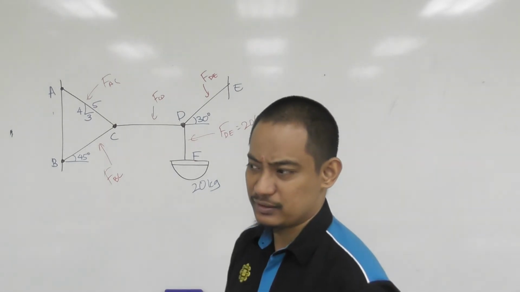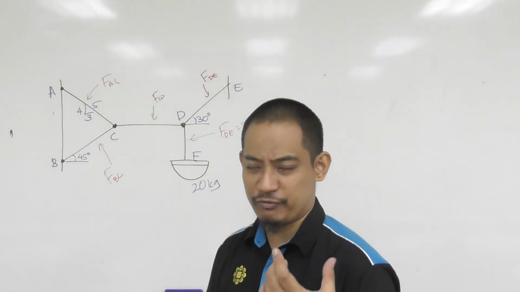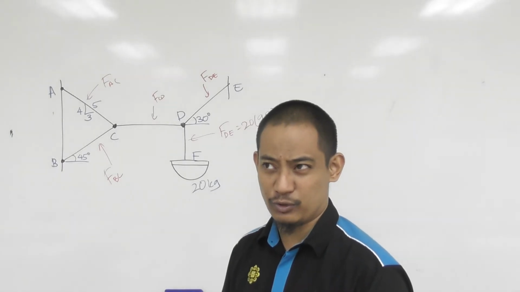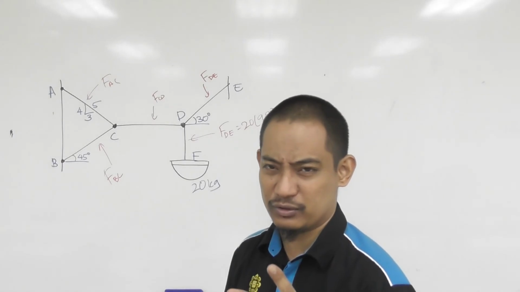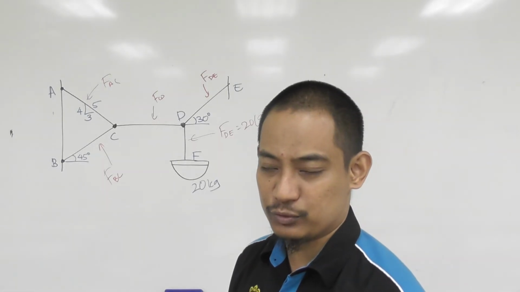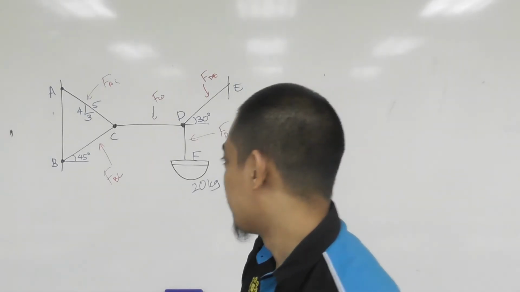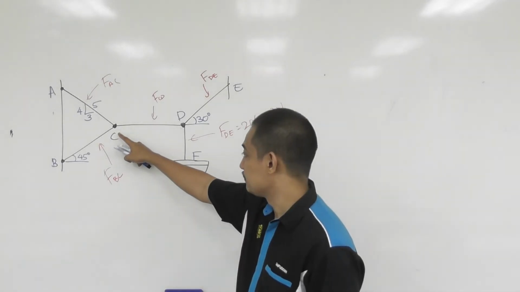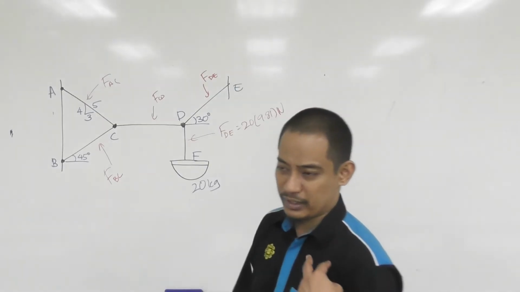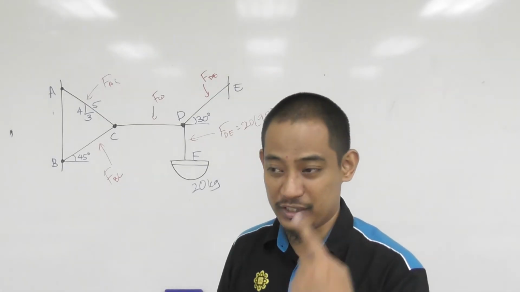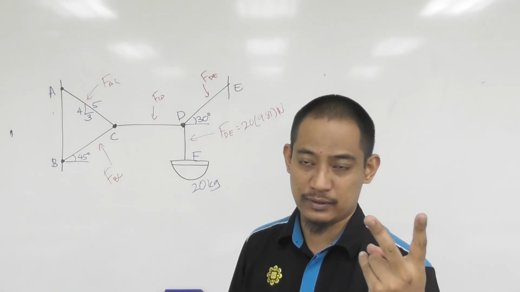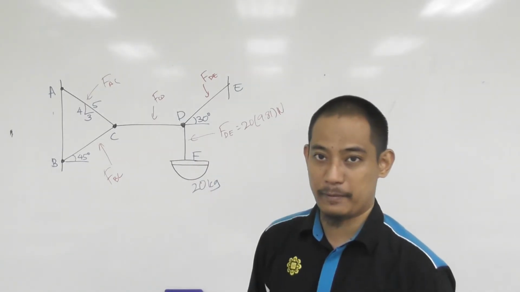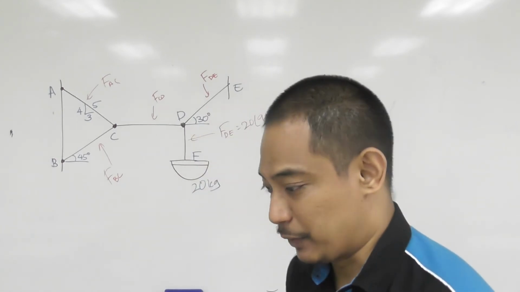We mentioned earlier, for a free body diagram in 2D you have only 2 equations, so you can solve only 2 unknowns. But here we can draw a free body diagram here and also here, so we have 2 free body diagrams. For each we have 2 equations, so for each we can solve 2 unknowns, so here we can solve 4 unknowns.